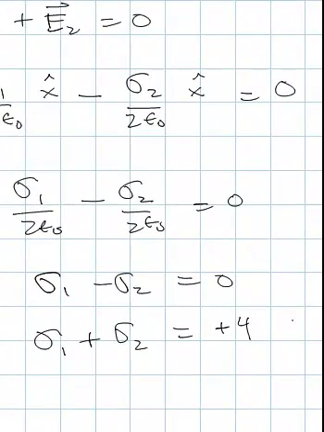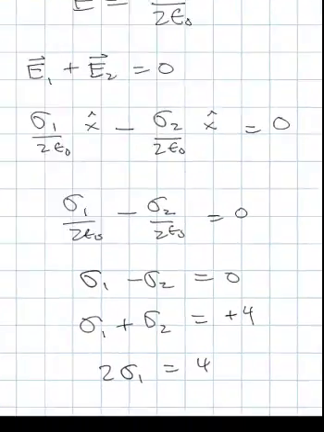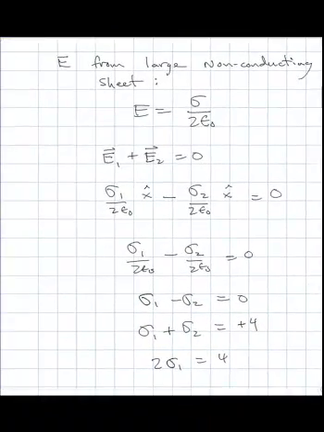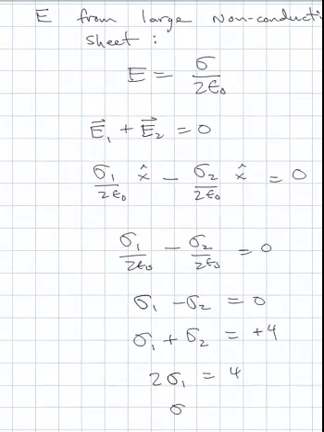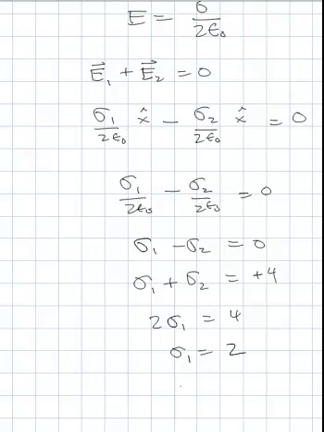That was sort of a given in this problem, that it started with 4 coulombs per meter squared on one side. So there's my two equations, and I've got two unknowns, and I can solve those equations, and what do I get? I get 2 sigma 1 is equal to 4, or sigma 1 is equal to 2, and that means that sigma 2 is also equal to 2.